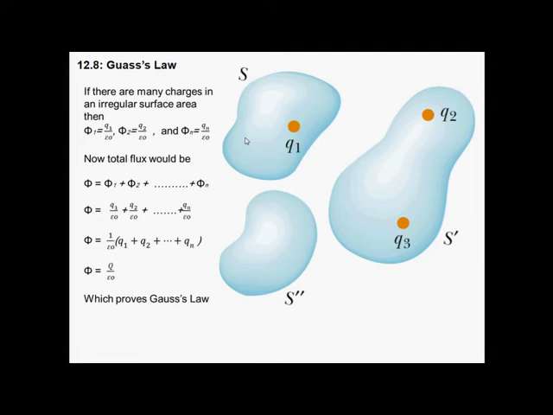By taking 1 over epsilon naught common, we get the sum of all the charges, and we know that the sum of all the charges is equal to capital Q, a large charge. So again, this proves Gauss's law: the total flux passing through a closed surface is equal to 1 over epsilon naught times the total charge enclosed by the surface.